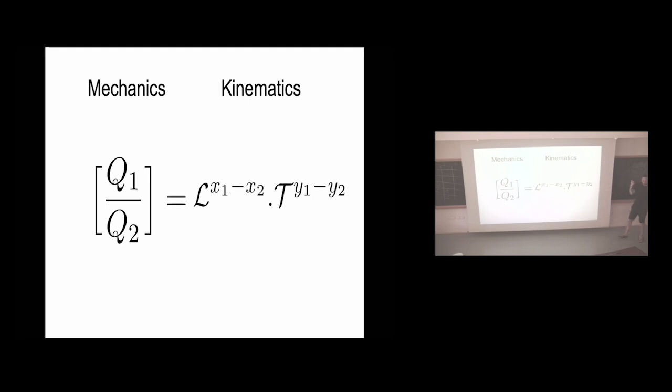And so if you have a quantity like this, you know that it has a dimension of mass and some combinations of the dimension of space and time. So Q1 here would have dimension M L^x1 T^y1, and Q2 would have dimension M L^x2 T^y2.